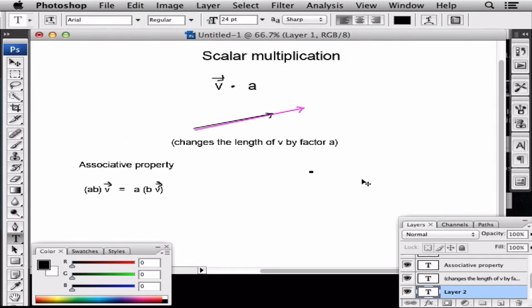Distributive property as before. Yeah, it means that we can do something like this.